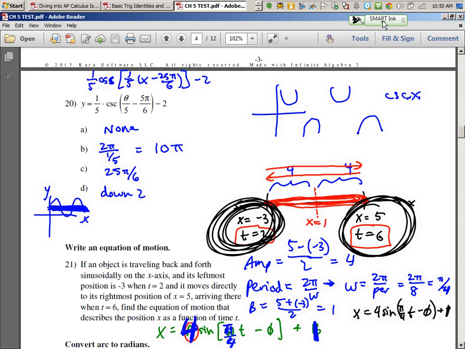It's up to you. But you're going to make x -3 and you're going to make t 2, so this is going to be a pi over 2 now, and you're going to solve it, and you're going to find out that pi is actually the value of phi here. And at that point, you'll have your full model.